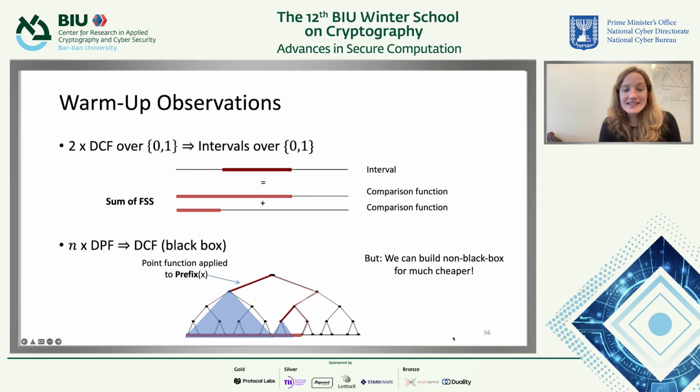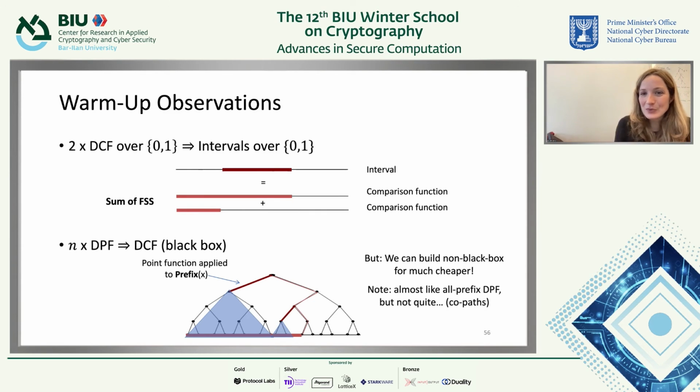So this is totally black box. It doesn't rely at all on the structure of what the DPF is, but of course this times n is an undesirable overhead. It turns out that if you open up the box of our specific DPF construction, you can get this with very little additional overhead.